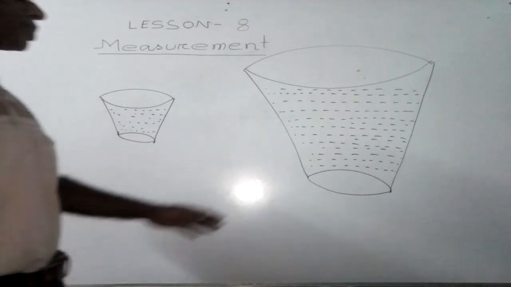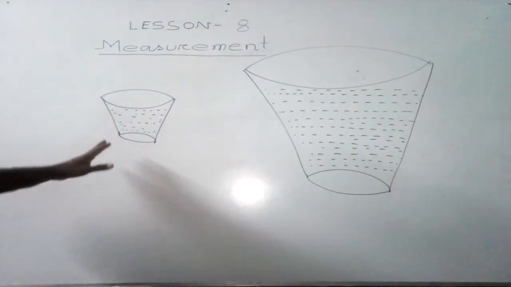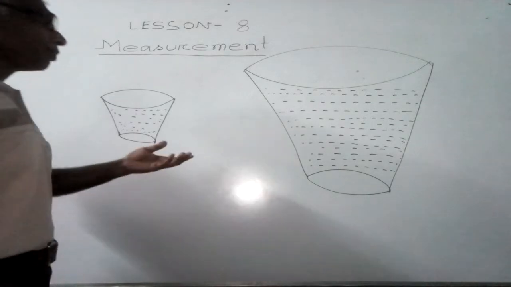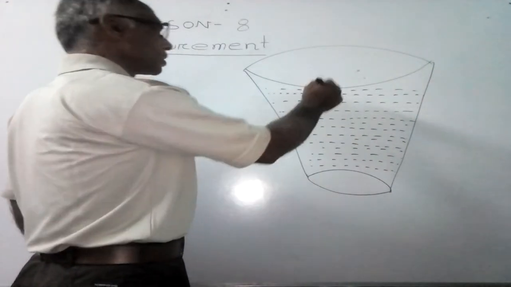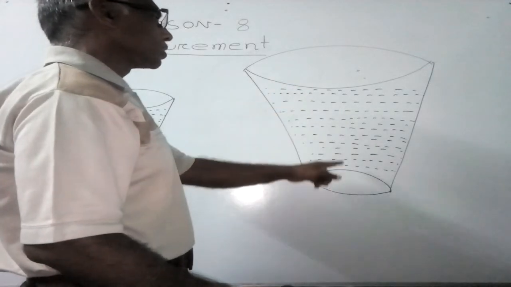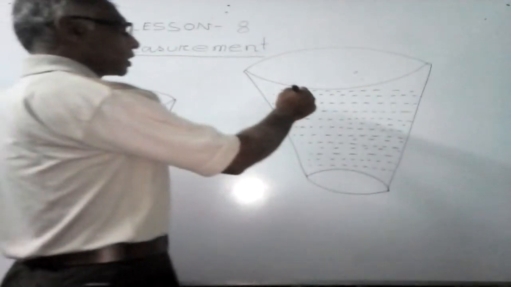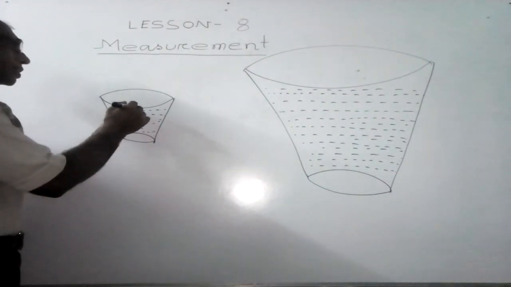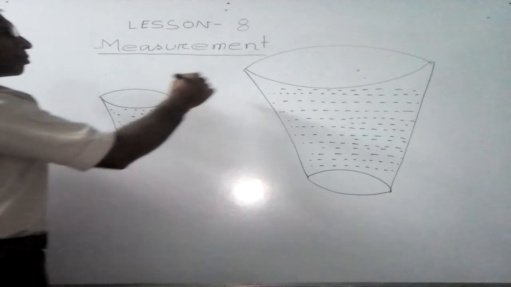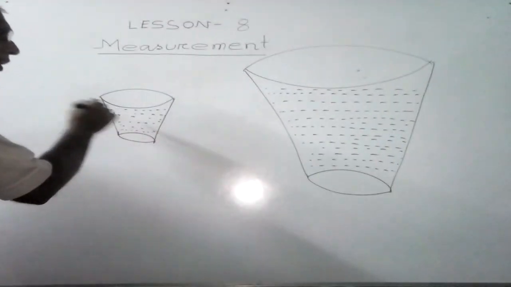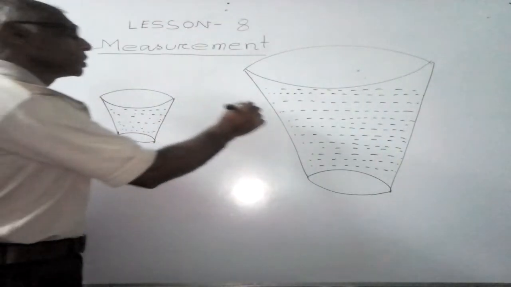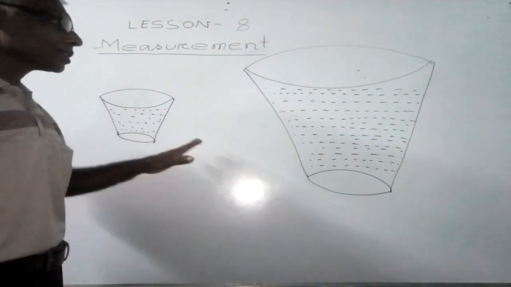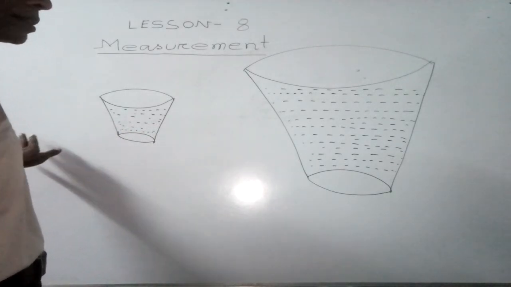And now suppose if you want to hold it, you will find it very difficult to hold this glass because it will contain the maximum amount of water, and this one will contain less amount in comparison. Therefore it will be lighter and this will be heavier, isn't it? So students, you have learned about measurement, I think so.